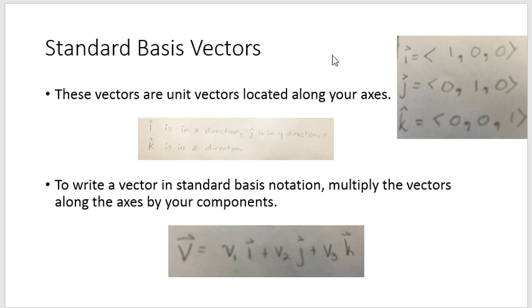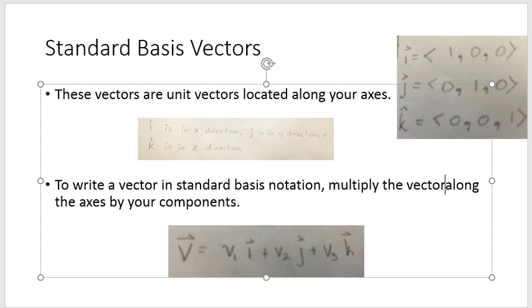So your standard basis vectors are i, j, k, or i hat, j hat, k hat, and these vectors are located along your axes. i is with x, j is with y, and k is with z. To write a vector in standard basis notation, multiply the vector's components by the vectors along the axes.